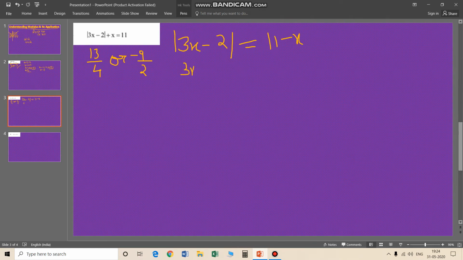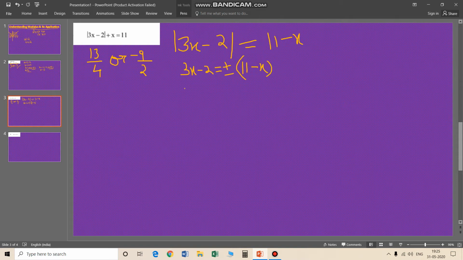Solving this, 3x minus 2 is plus minus 11 minus x. See, the answer will come again simply.